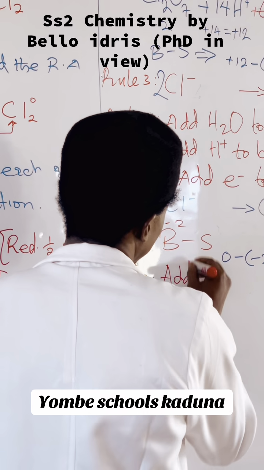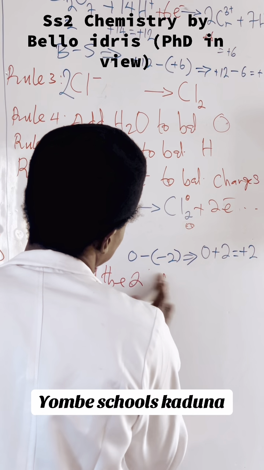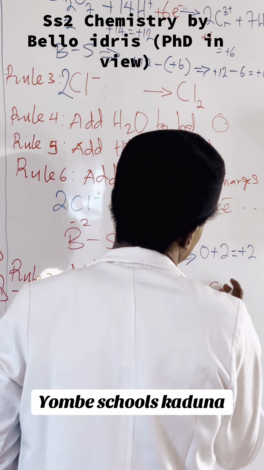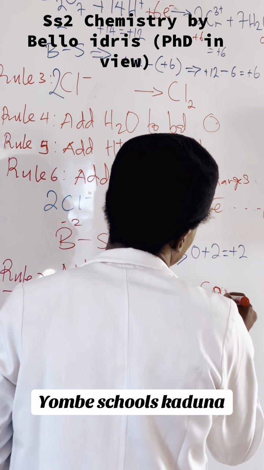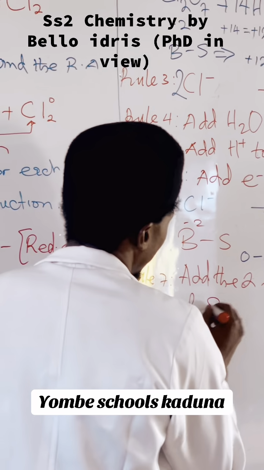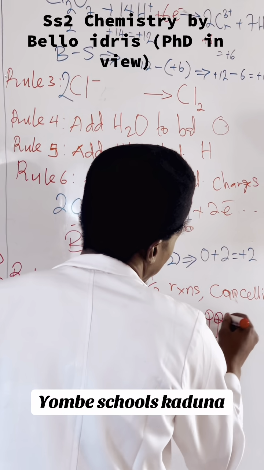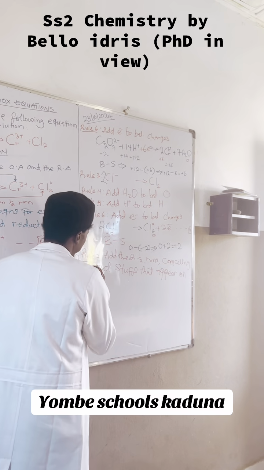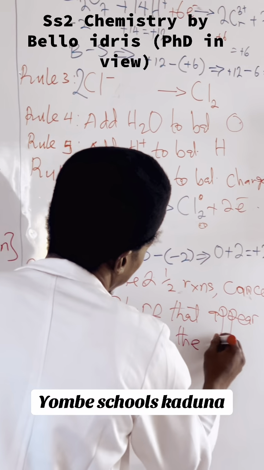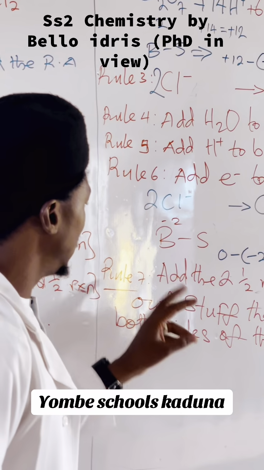Add the 2 half reactions, cancelling out stuff that appear on both sides of the arrow. Are we together? Yes.